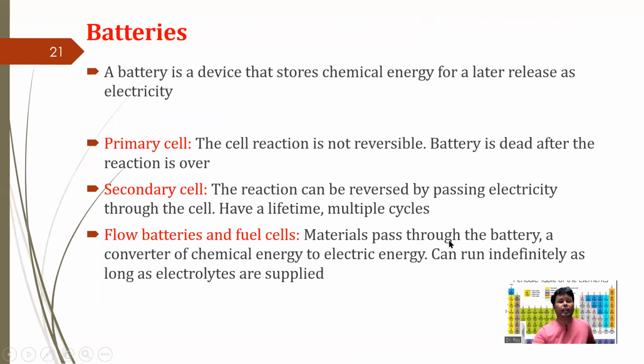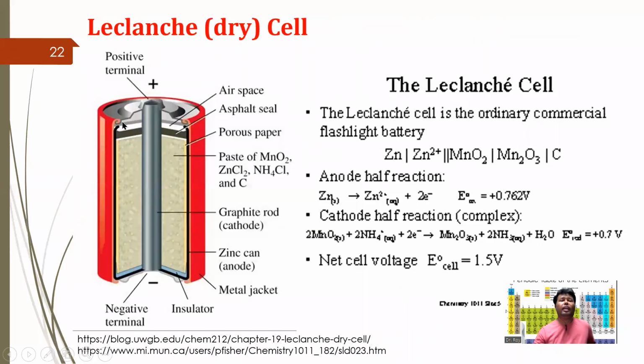Actually this is the developed model of the cell I mentioned previously for zinc and zinc sulfate, and these are different types of material we are using. Zinc, it is forming, and then manganese dioxide, and then manganese dioxide ammonium. Here you can see paste of manganese dioxide, zinc chloride, ammonium chloride, and graphite carbon.